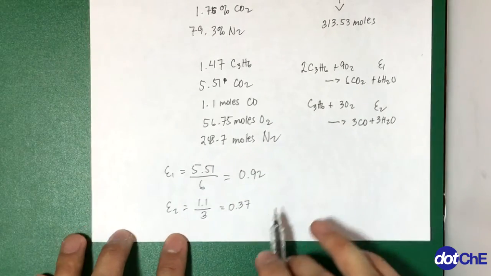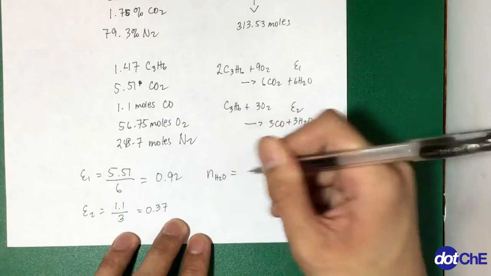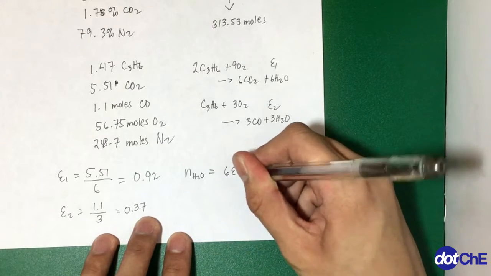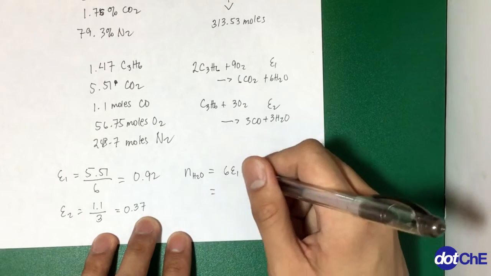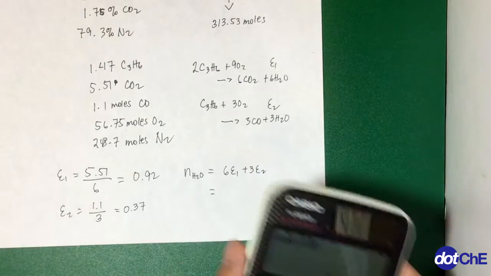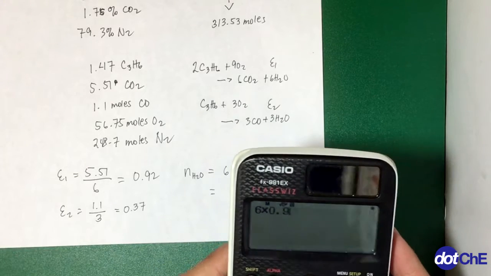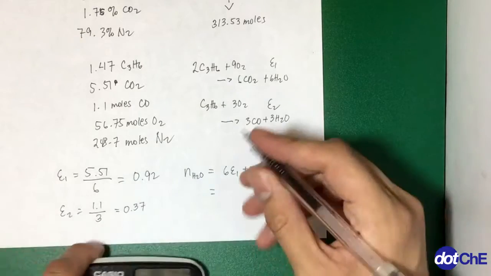So we have now our two extents. We could calculate for NH2O, which is approximately 6E1 plus 3E2. We could get a final answer of, let's do that, 6 times 5.5 times 0.92 plus 3 times 0.37. We would get 6.63 mole.